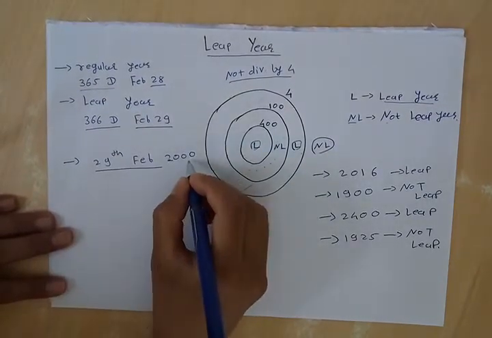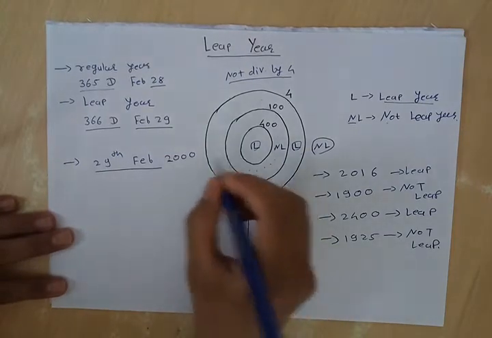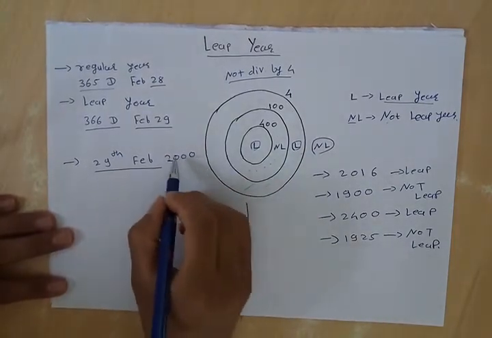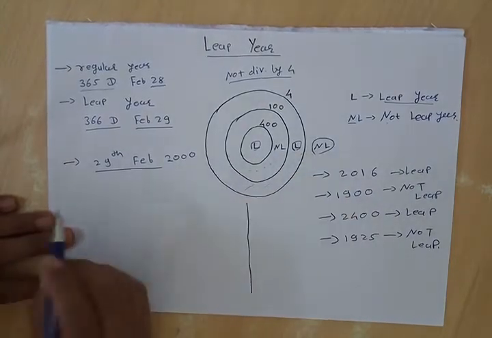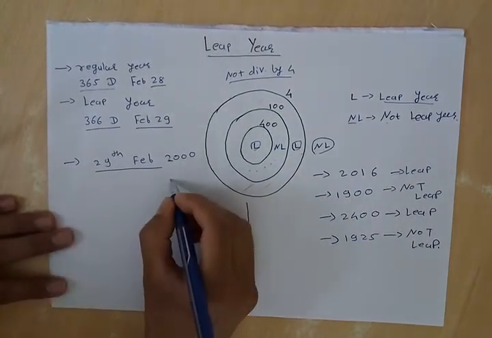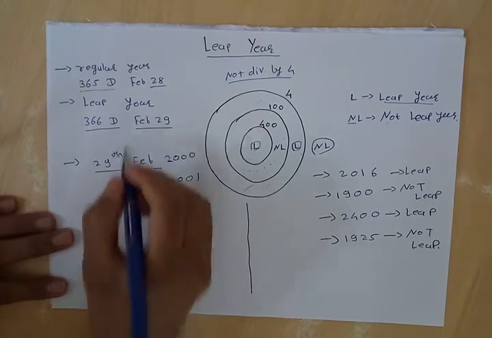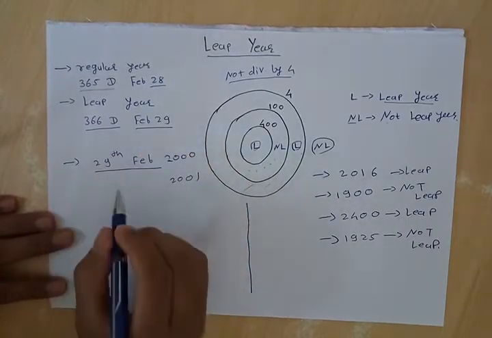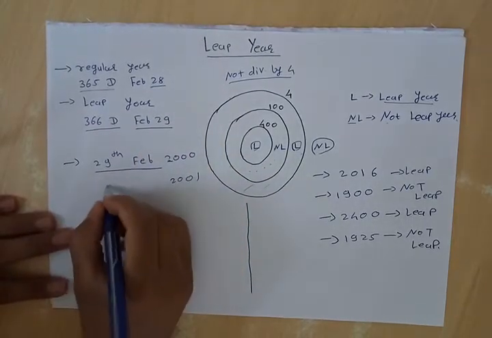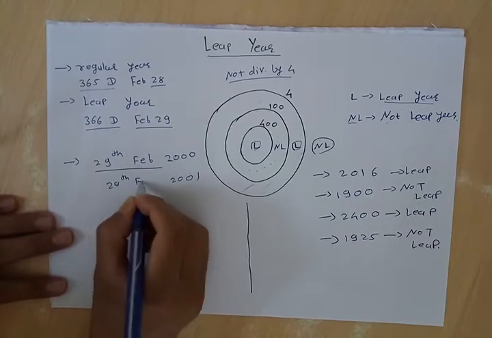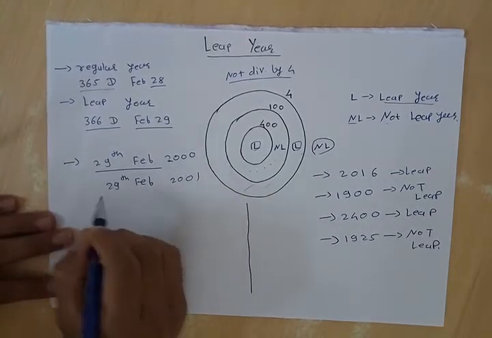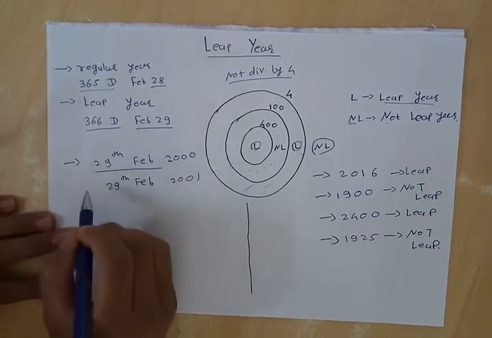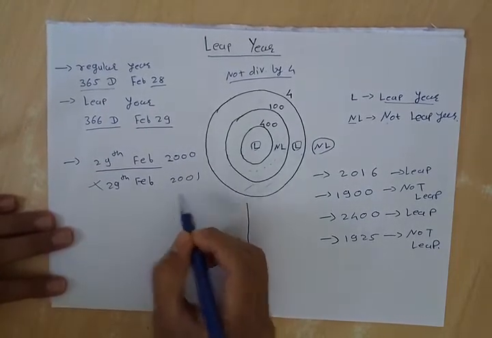This year is a leap year, as it is divisible by 4, 100 and 400, so it falls in this circle. Now in 2001, the month of February has only 28 days, so there is no such date as 29th February. So his birthday will not come in this year.